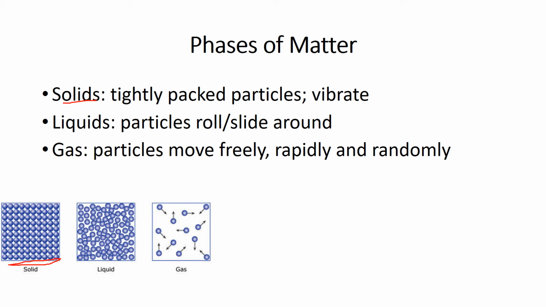In the next phase, the liquids, the particles are rolling and sliding around more freely. So you can see here that they have more space around each particle, and it's taking the shape of what it is in. As a gas, the particles are moving around freely, rapidly, and randomly, and you can see that here in this picture. They're going all over the place, and they don't really have a distinct shape.